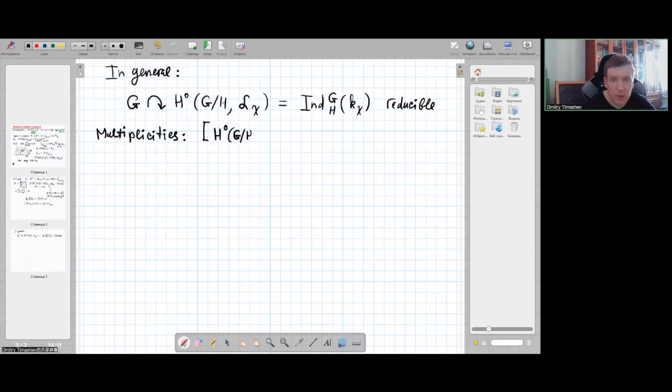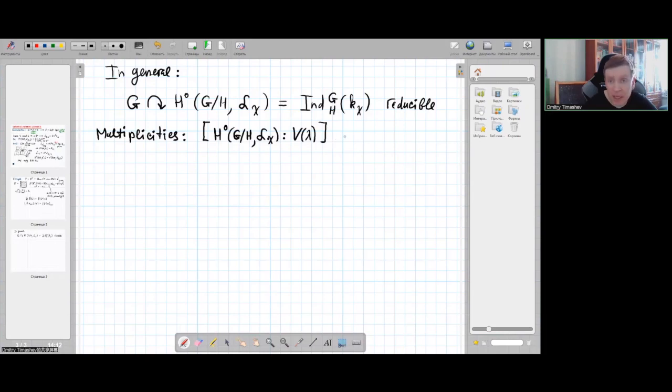So this is a representation. In my case, it is this representation space, the space of sections of some homogeneous line bundle. And when I want to write the multiplicity of an irreducible representation, say of highest weight lambda, in this space, I write it like this with a division sign.